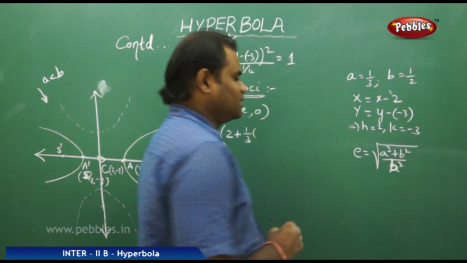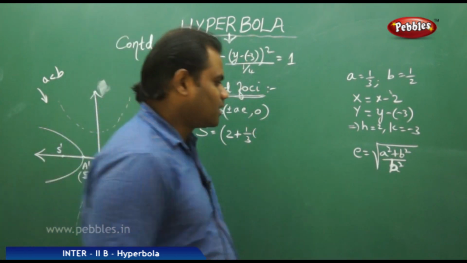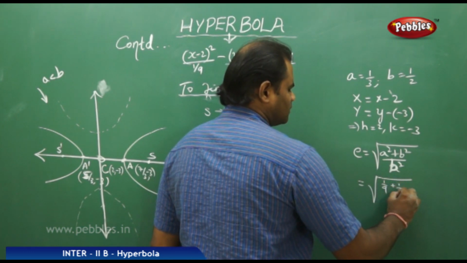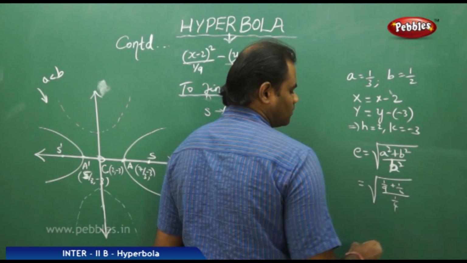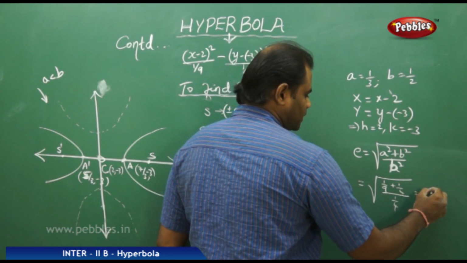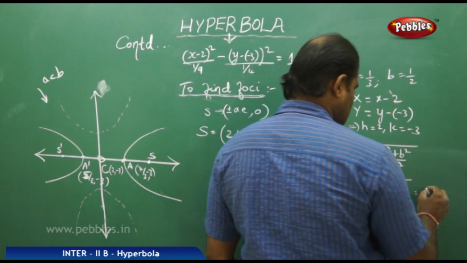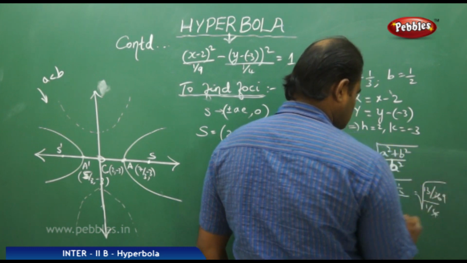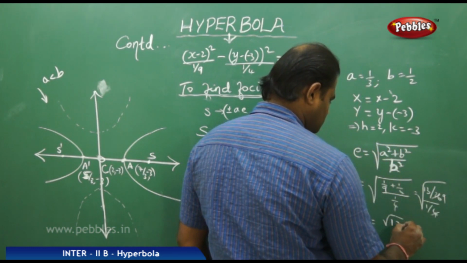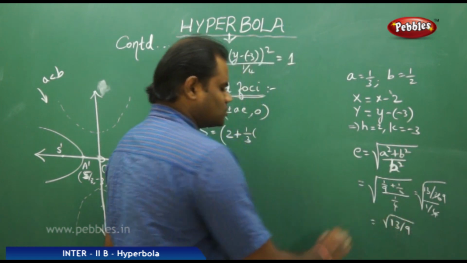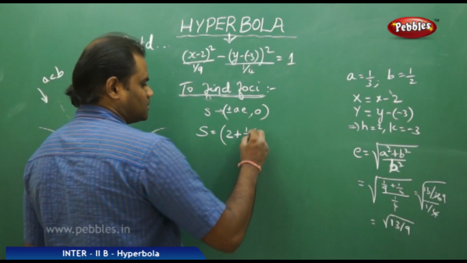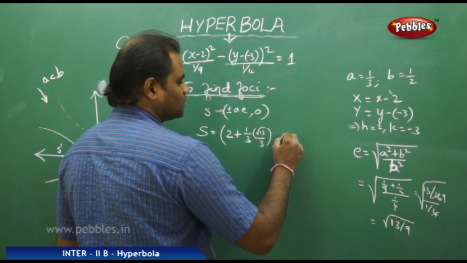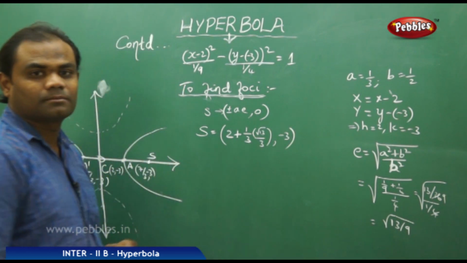Which on simplification gives root of 1 by 9 plus 1 by 4 by 1 by 4, which gives root 13 by 3, and y is minus 3.